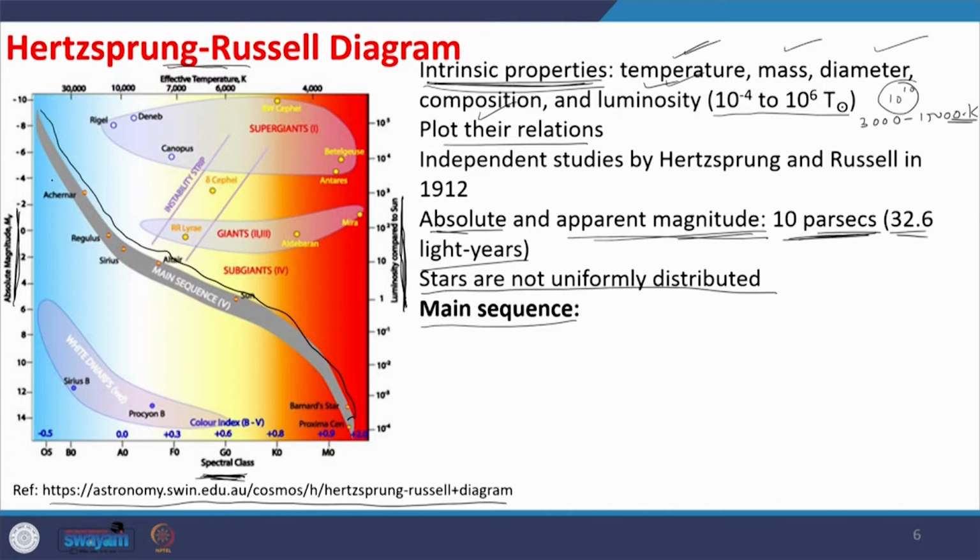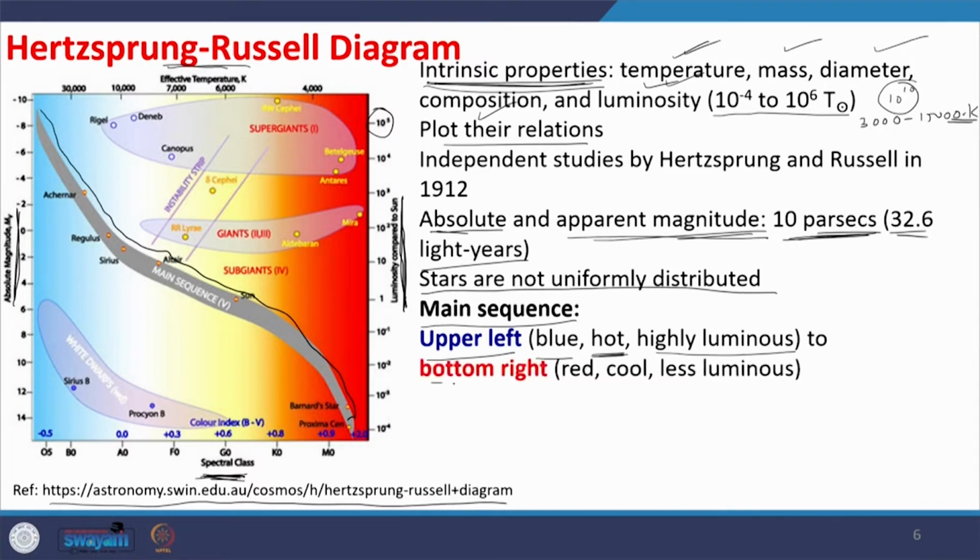Very hot, high temperature, 10 to the power of 5, blue, hot, highly luminous, upper left. This sentence is very important: upper left of the diagram, they are blue. The stars emitting blue are very hot, around 30,000 kelvins, and highly luminous. The majority of the stars are distributed from upper left to bottom right.